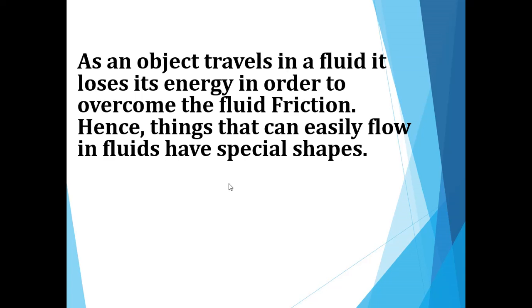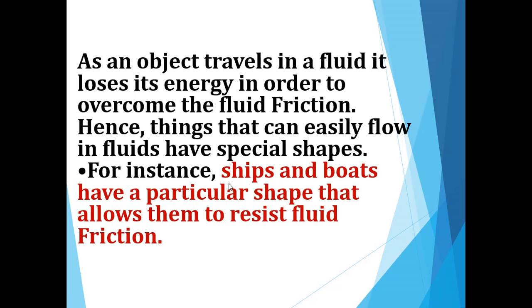You can see a ship can travel in the sea, a boat can travel in the sea. They have certain shapes which make them travel in the fluid by overcoming the fluid friction. Ships and boats have a particular shape that allows them to resist fluid friction.